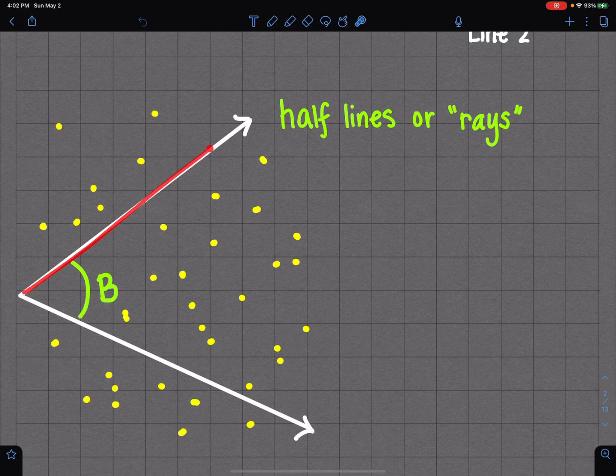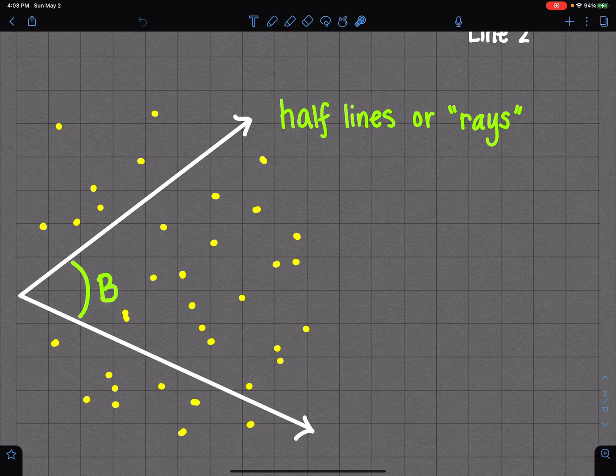So this ray and this ray make the angle. To them, the angle is the set of points that make up the rays. And others say that the rays are the sides of the angle, but they don't say what the angle is.